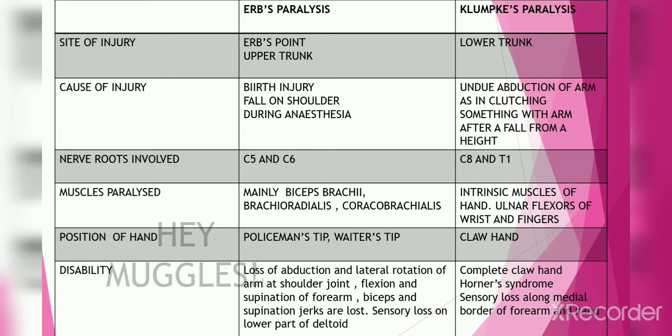And the arm is medially rotated because the supraspinatus, infraspinatus and teres minor, these are muscles of your rotator cuff, right? These three muscles are also paralyzed. Therefore, there is medial rotation of the arm, right?